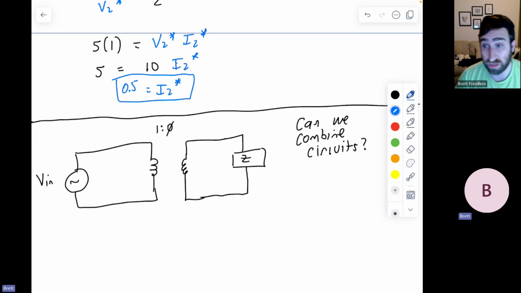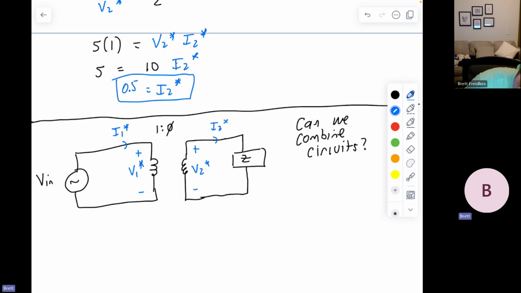Well, first off, let's look at our transformer variables. We have I1 star here, and then we have the voltage drop across the transformer, that's V1 star. And then, of course, on the other side, we have V2 star and I2 star. And note in all these problems, I'll say that this is grounded at the bottom.